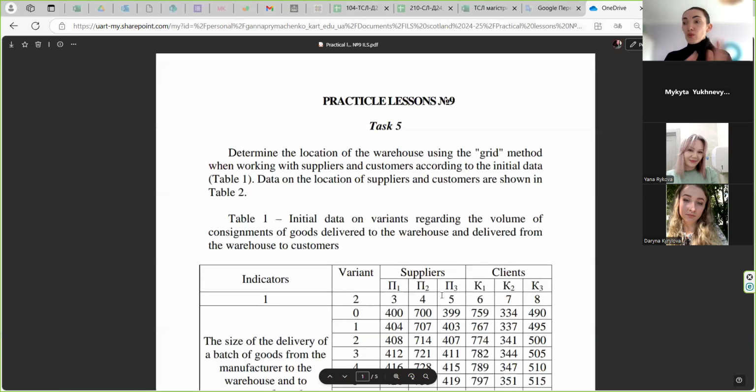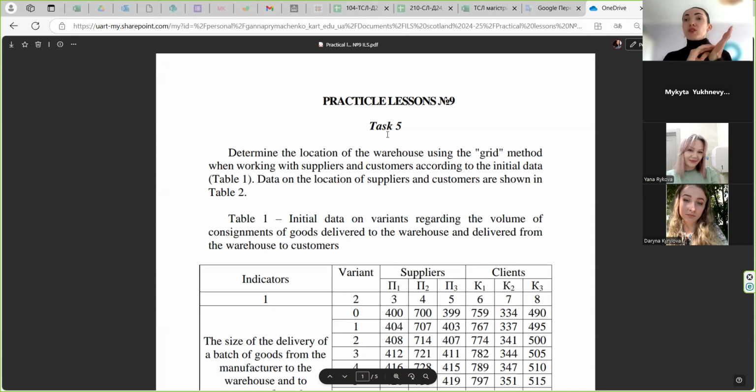I edited it. Maybe, oh, I think it is okay. So please write on your paper or in your electronic documents that today is practical lesson number 9. Lesson without S, sorry. Our lesson number 9. And today we need to do our task 5.